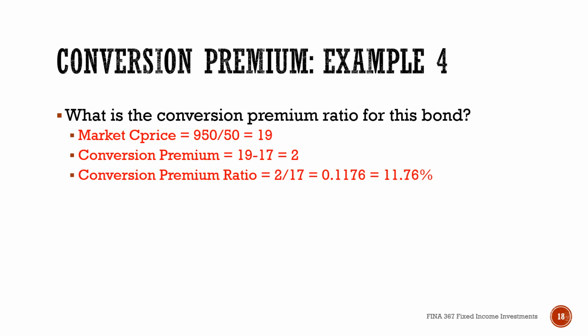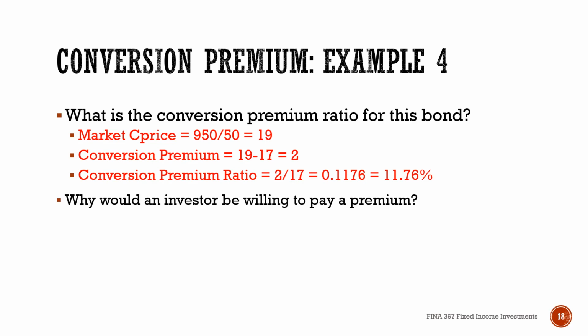Now at this point, we should ask ourselves, why would the investor be willing to pay a premium over the current stock price of $17? To see why, it is helpful to think about what the investor is getting in this convertible bond deal. What happens to the bond as the stock price starts to increase?